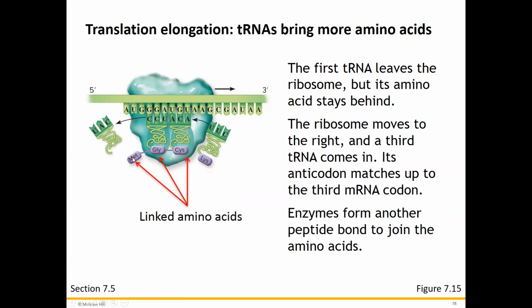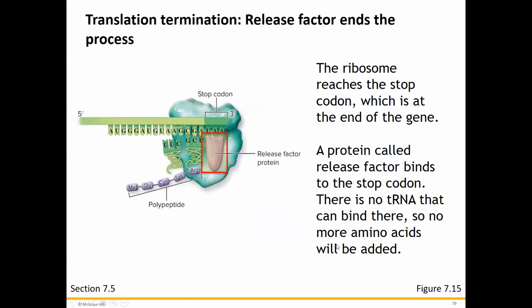The methionine he was carrying stays, because when the second one shows up with this glycine, the first one hands the amino acid to the new one. And we're moving from the A site to the P site to the E site. As the transfer RNA molecule moves to the E site, he's handing his amino acid to the new one that just showed up in the A site. So you're going to link all these amino acids using peptide bonds, just like we saw in the video.